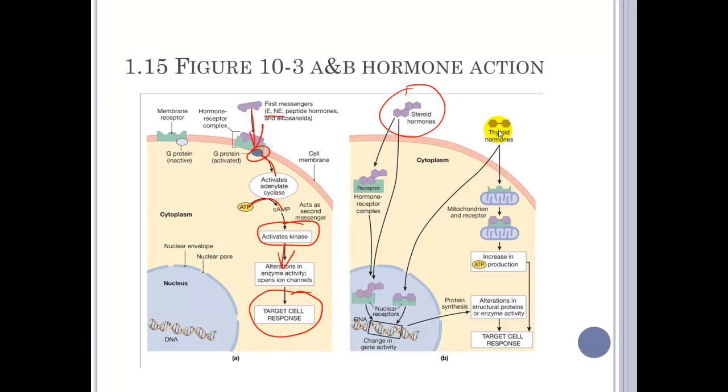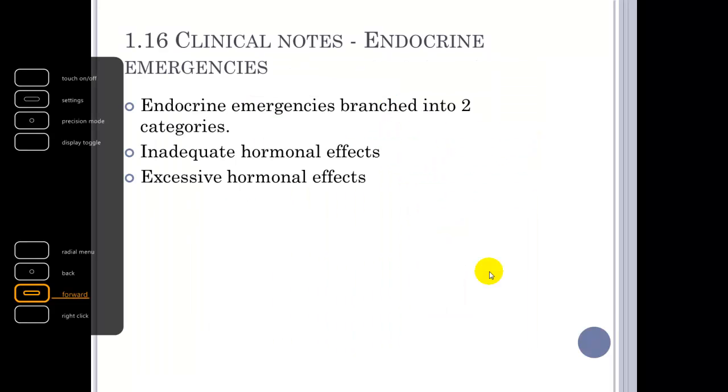Two hormone examples here. Steroid hormones traveling right across the cell membrane, chemically encode and change the nucleus and the way that the DNA interacts. Thyroid hormones do two things: diffuse across, also changing the DNA or genetics. They'll also attach to the mitochondria, the powerhouse inside the cell, and increase ATP production or metabolism.